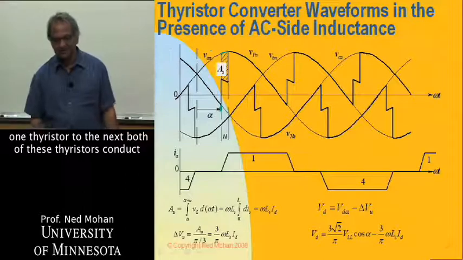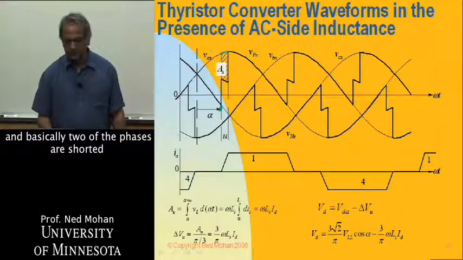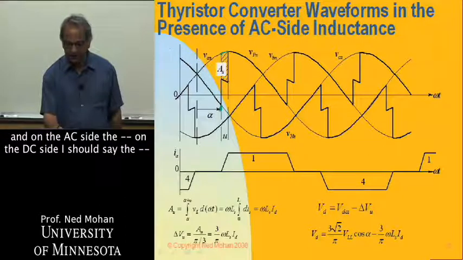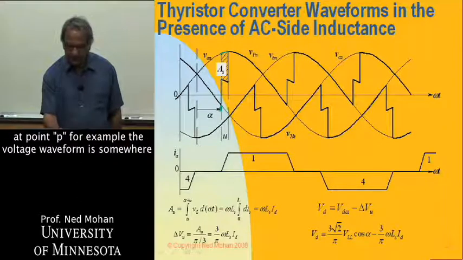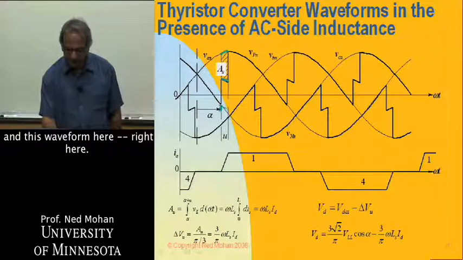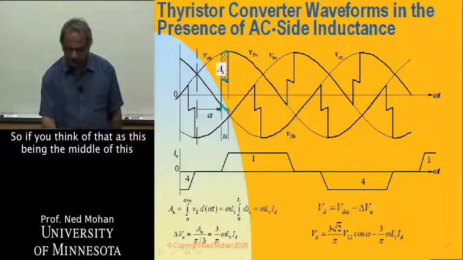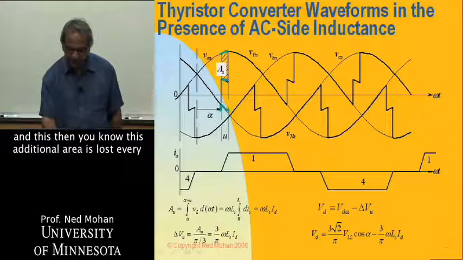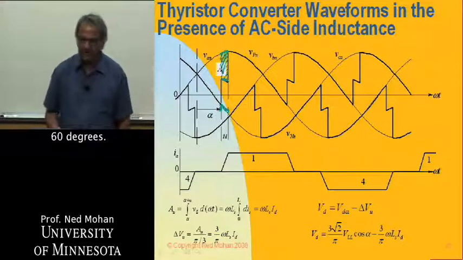Both of these thyristors conduct, and basically two of the phases are shorted. And on the DC side, at point P, for example, the voltage waveform is somewhere in the middle of this waveform and this waveform here. So if you think of that as being the middle of this and this, then this additional area is lost every 60 degrees.